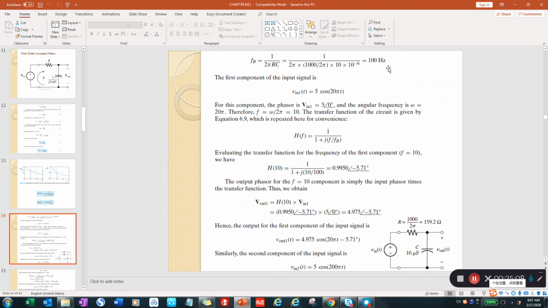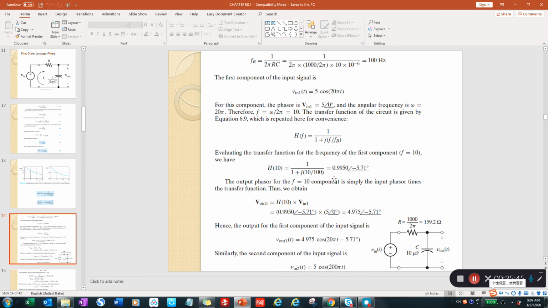And then for the components of the input signal, we will determine them one by one. The first input signal is 5 cosine 20 pi t, so we know the frequency will be 10. Then based on our transfer function, which is equal to 1 over 1 plus jf over fB, we can figure out, if the frequency equals 10, what the transfer function will be.